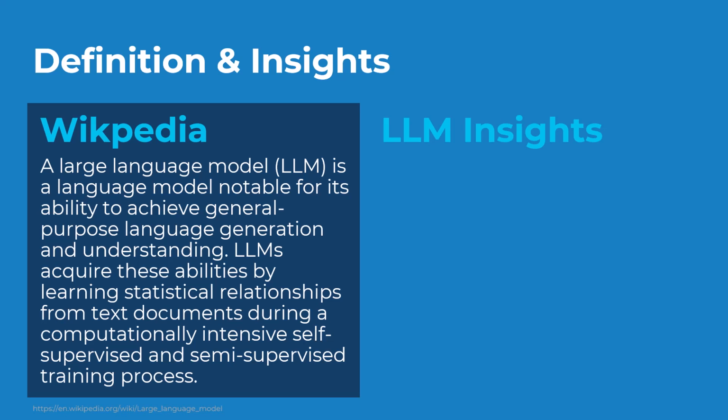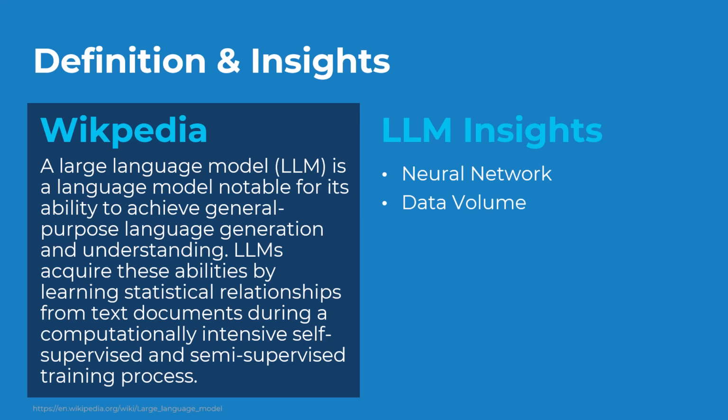So, a large language model is built on neural networks, which are complex algorithms mimicking the human brain to process and learn from vast amounts of data. These are truly enormous data sets, encompassing a wide range of internet text to understand and generate human-like language.